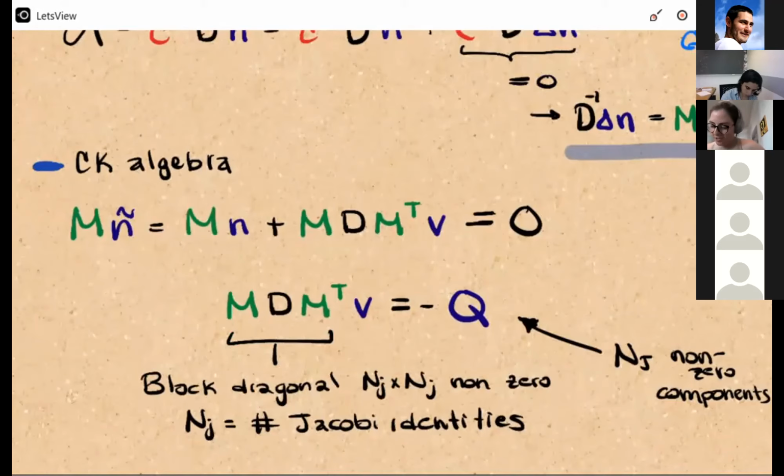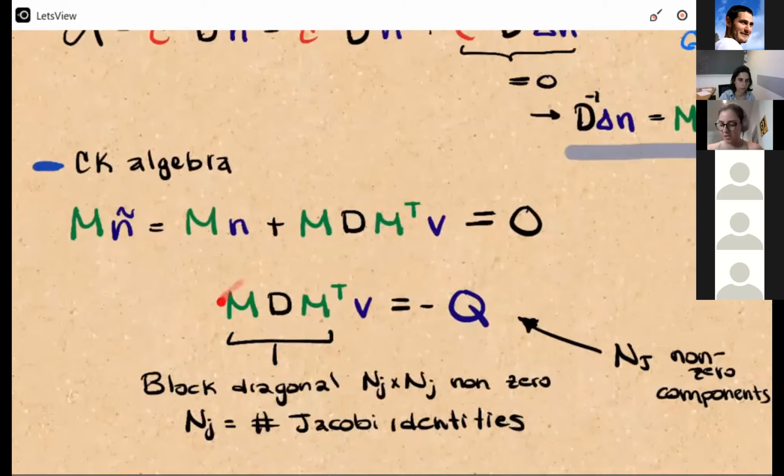And you should notice there's going to be this matrix here. It's going to be block diagonal, and it's only going to have N_J non-zero components, where these are the number of Jacobi identities. Because if you remember, this M is what applies to color kinematics algebra. So it's how many Jacobi identities you have. And similarly, this Q also has only N_J non-zero components.